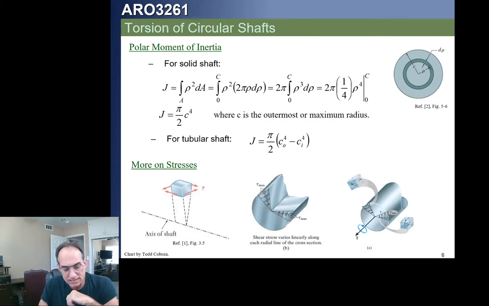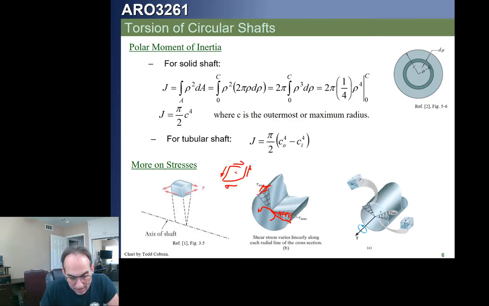Now a couple other ideas. If we look down below, we already talked about how the stress distribution changes in a linear fashion from 0 to its maximum value at the max radius. See how that's linear? That's because we're assuming that our stresses are in the elastic range. If we focus on a little element at the edge, like this, we see that a torque like this is causing a shear stress like that. And since this little element is lying right on the surface, shear stresses are so romantic, they're going to be mouth to mouth, tail to tail, mouth to mouth.